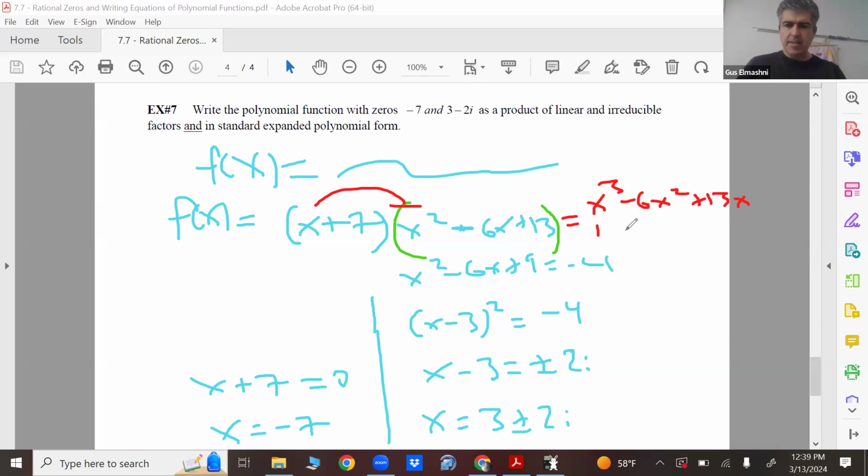Actually, let me stack it. Minus 42x. So the final answer should be x cubed plus x squared minus 29x plus 91.